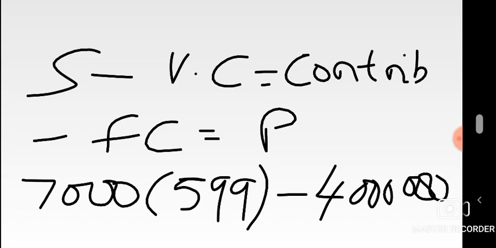So I've just started from contribution instead of the previous side because of what they want to sell. So they want to sell 7,000. Well, contribution is always based on the sales itself. That's something you should know. If you are given contribution as a unit, how do you change it to a kwacha value?